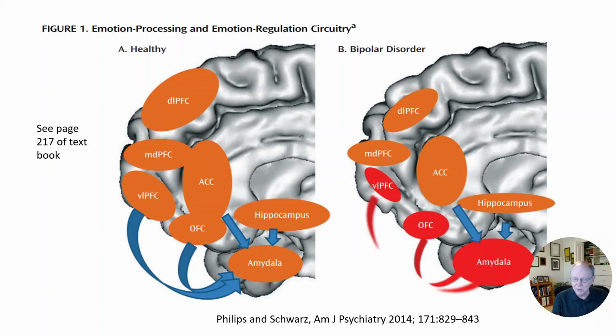Whereas in bipolar disorder, we get hyperactivation of orbitofrontal and ventral lateral prefrontal cortex with overactivation of the amygdala. You can't look at a fMRI scan and tell whether someone is bipolar manic, bipolar depressed, or major depressive disorder. The same mood regulatory circuits are involved.